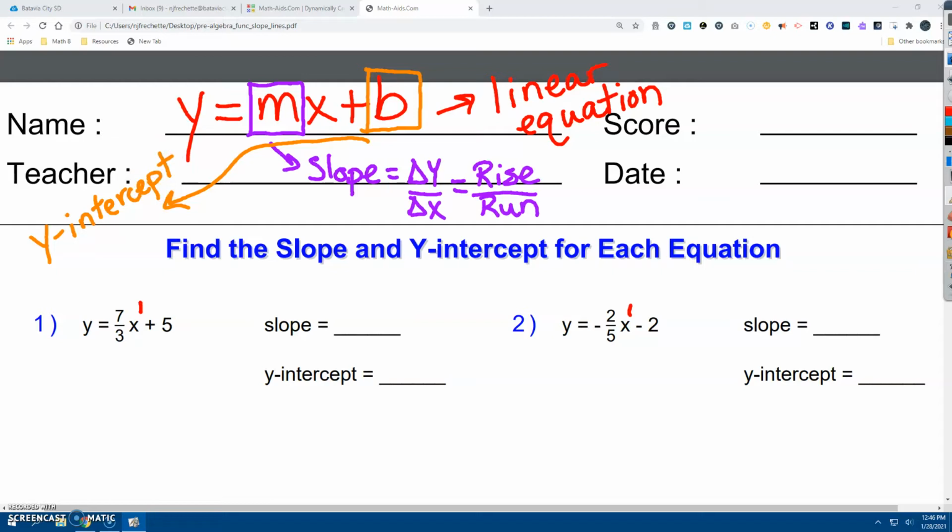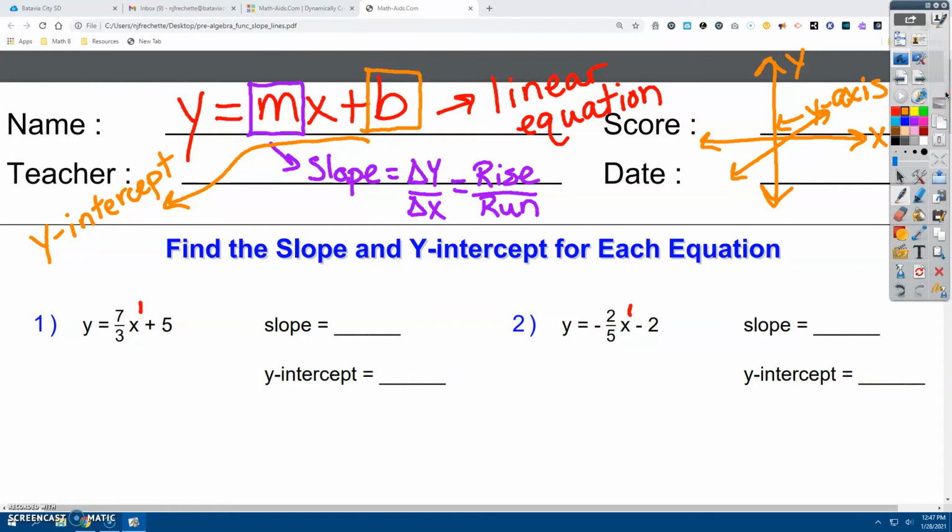So if I were to draw a Cartesian plane or just an actual graph, you have your x and your y. And this right here is your y-axis. So where that line would cross the y-axis, in other words, if this was a line we were looking at, the y-intercept would be here.